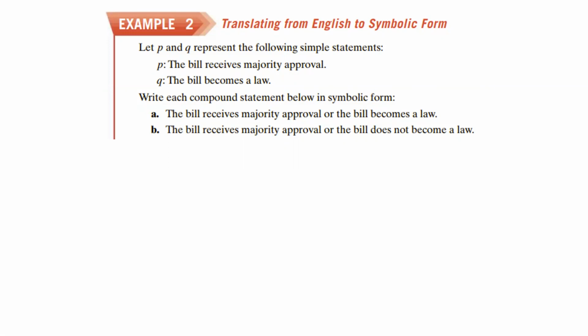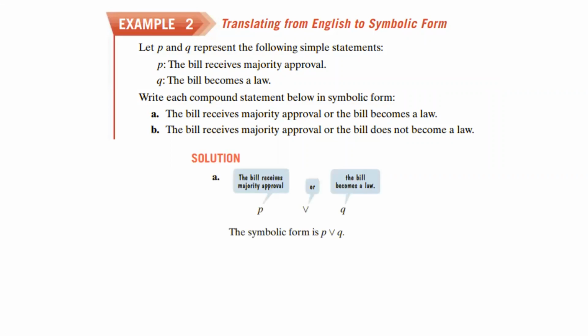Instead of having an and, we have an or. The bill receives majority approval or the bill becomes law. The bill receives majority approval or the bill does not become law. If you recall set theory, you might be able to guess what the symbol for or is. It's just a regular capital V at this point.